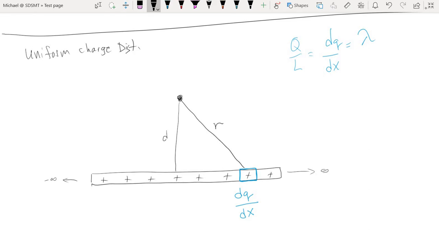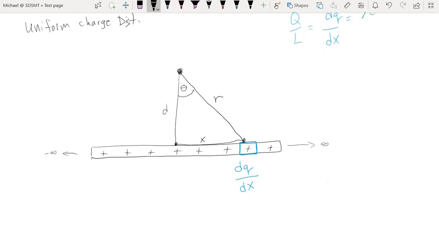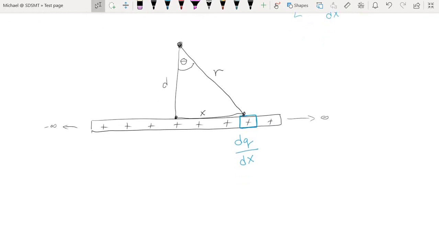Since we called the infinitesimal length dx, we'll call the finite length between the midpoint and where the charge is at x, and then up here we had called this theta. So far we should have an identical picture to what we were using back in chapter 22 when we derived the electric field for this system.